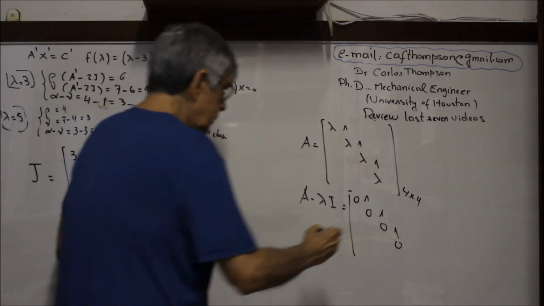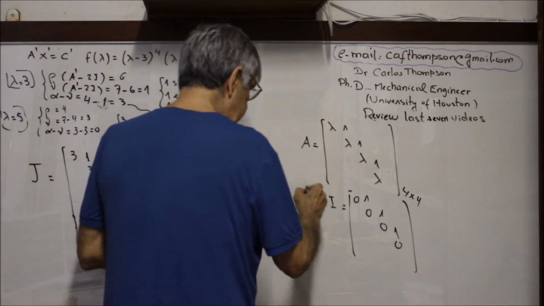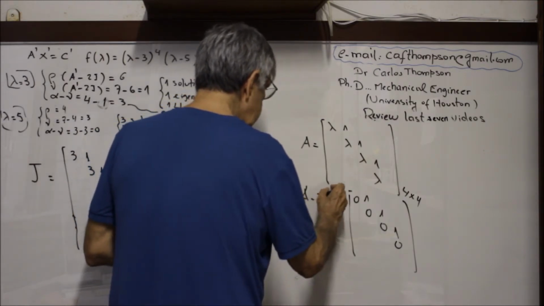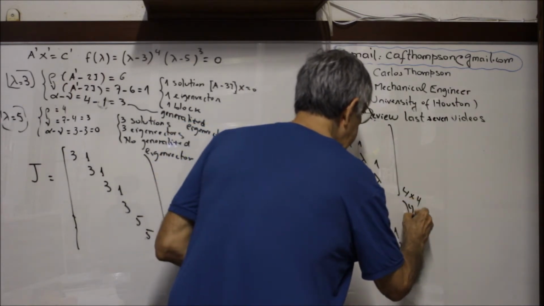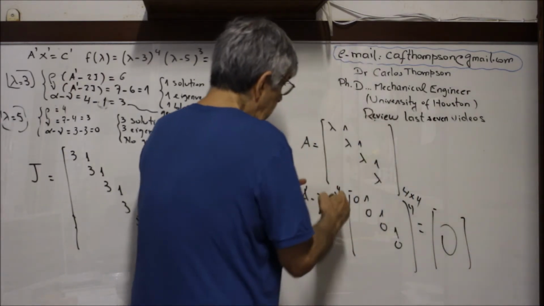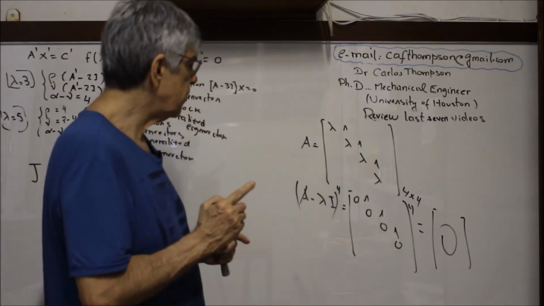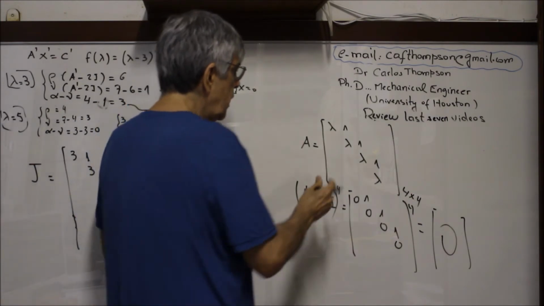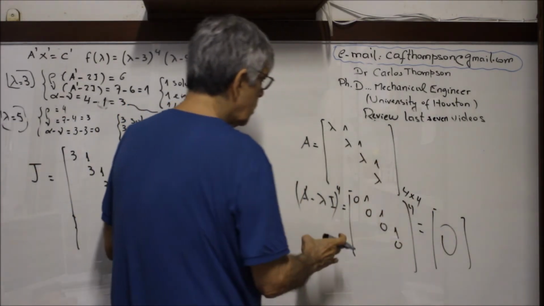Now, let's see here. Okay, if you put here to the power 4, this will be 0. 4 is a minimum exponent such that this matrix here will be 0.